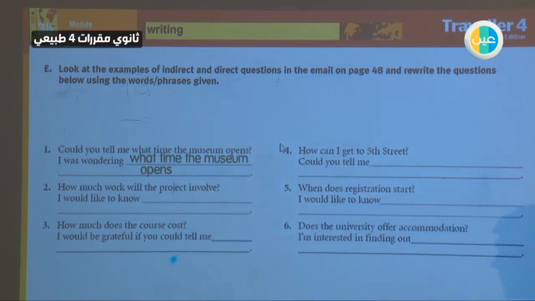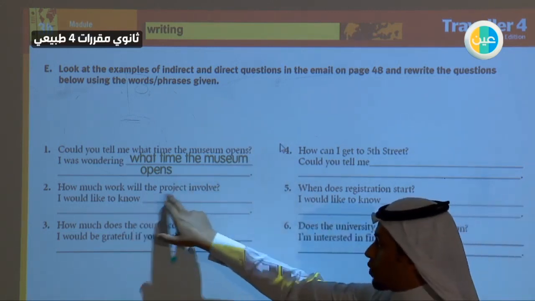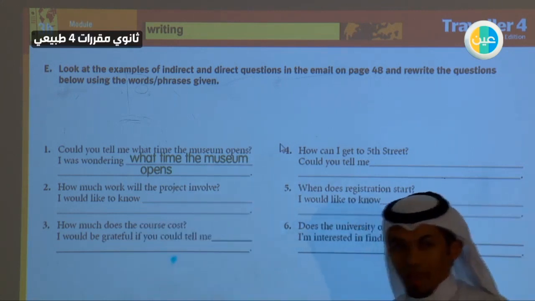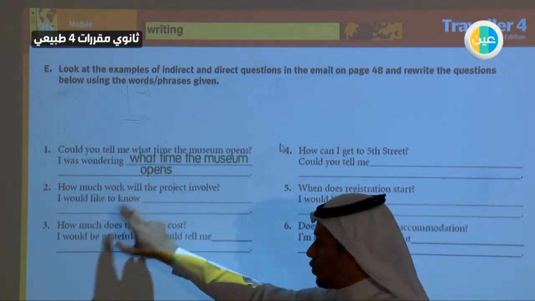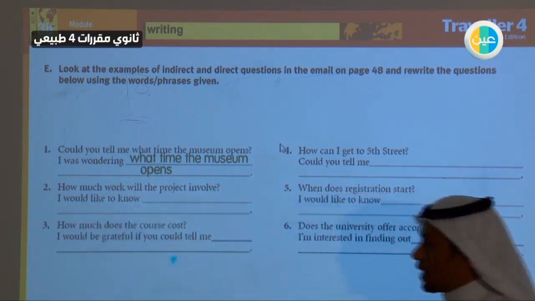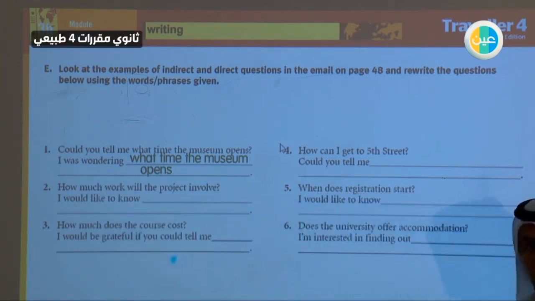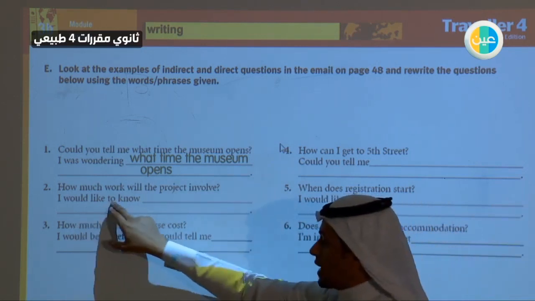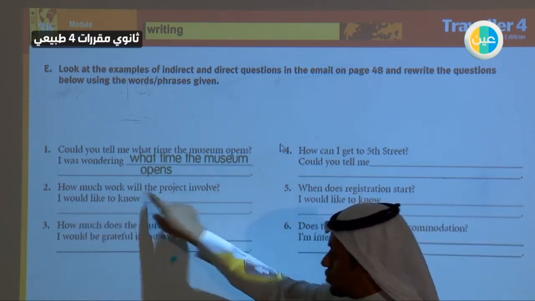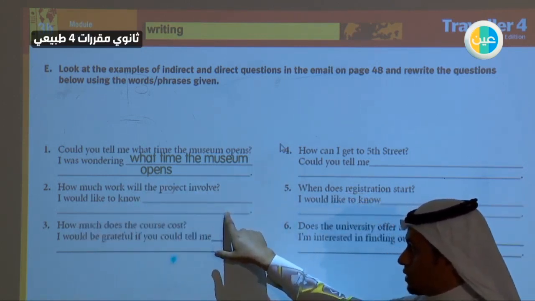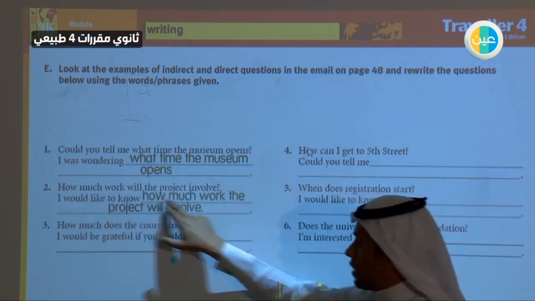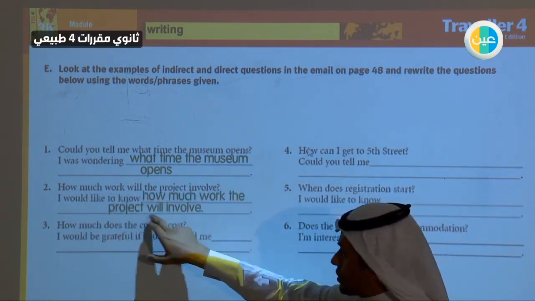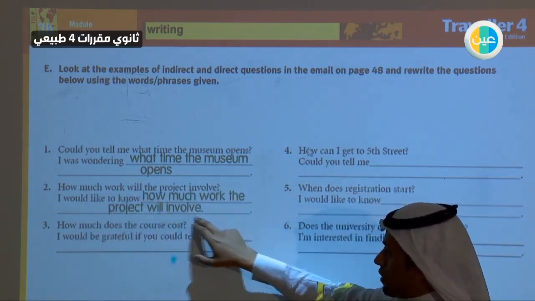2, how much work will the project involve? I want to know how much work is in the project. So I would like to know, and now we turn this into an indirect question. I would like to know how much work the project will involve.